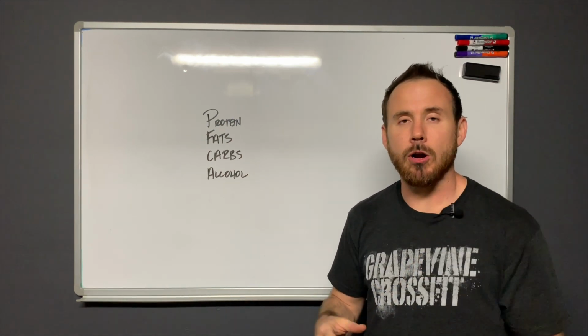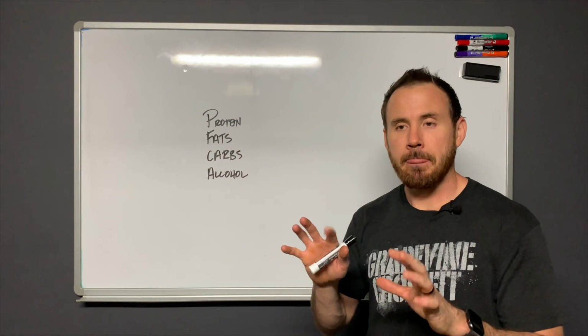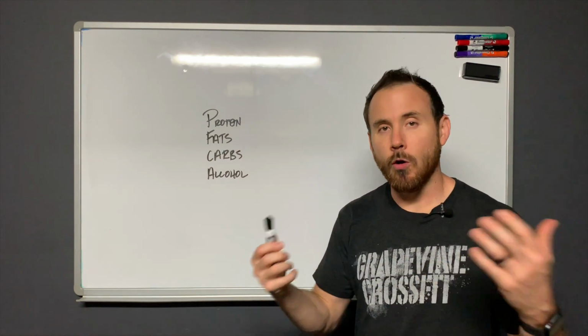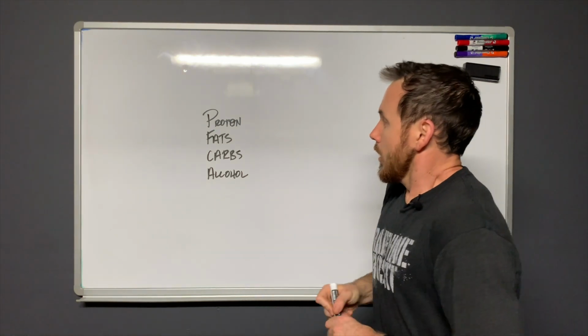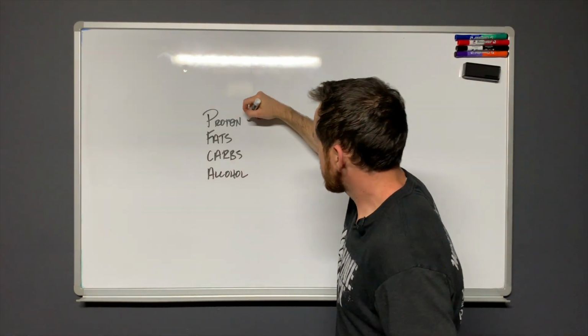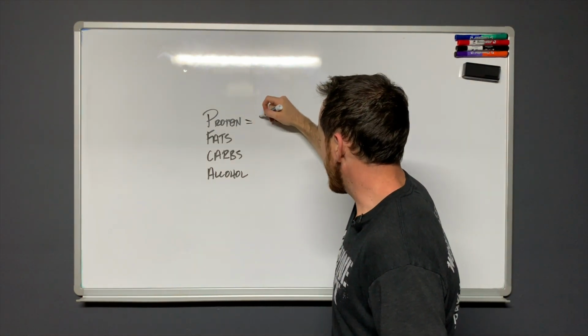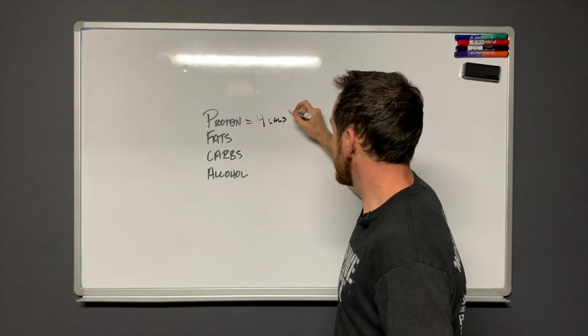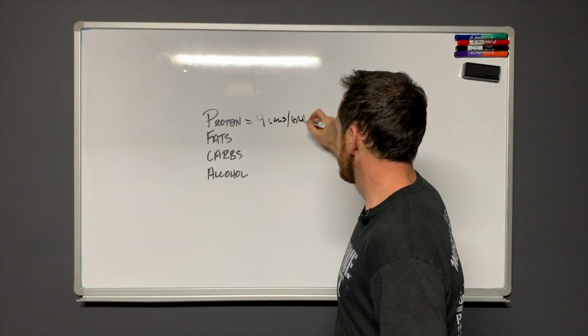Tomorrow's lesson will actually be on how we allocate those numbers based on our overall goals. So let's start with protein. Protein represents 4 calories per gram.